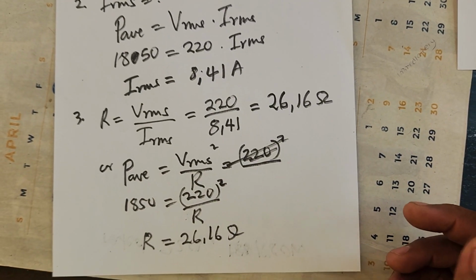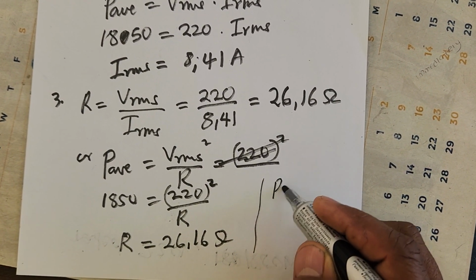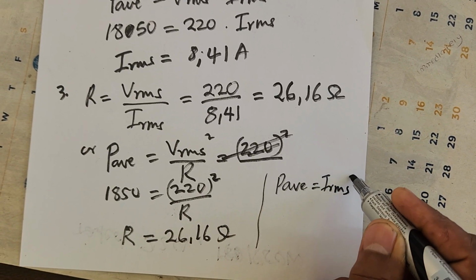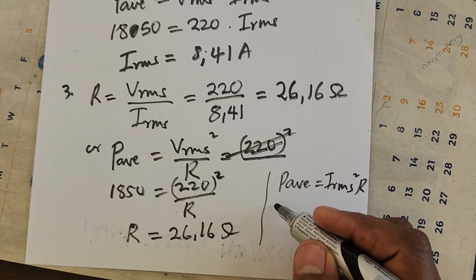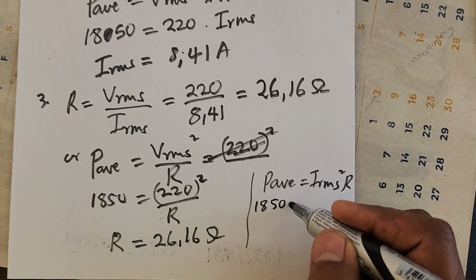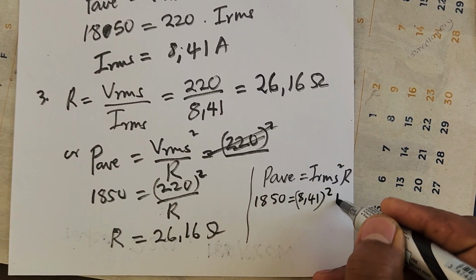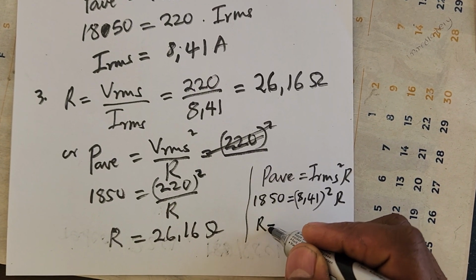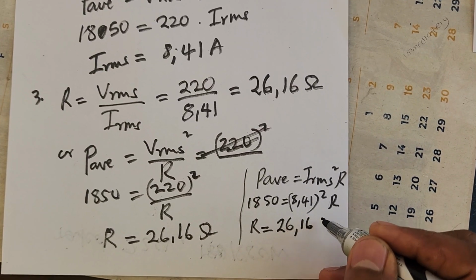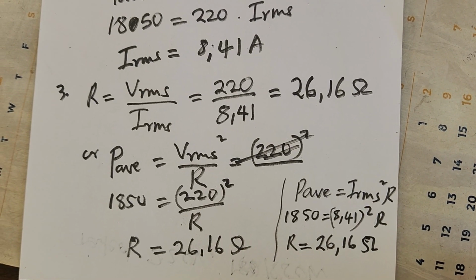Another learner can also manipulate this and say, I can use P average as IRMS squared multiplied by R, which makes 1850 equals 8.41 squared multiplied by R. Also R will give you the same 26.16. So you've got many options in this case, 3 options to get to the bottom of this one.